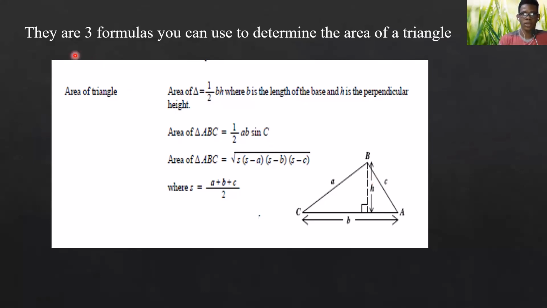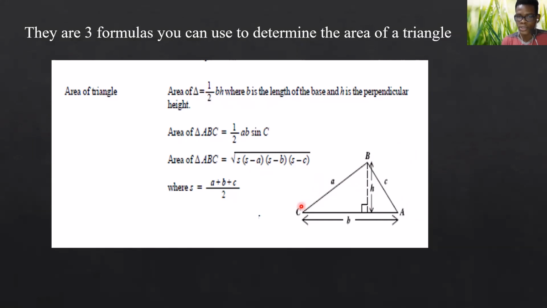So this is just the area of triangles part of the formula sheet, and you see it has the three formulas. And in the triangle here, you notice they indicated that the base is perpendicular to the height. It has a 90-degree angle here, so this is the height of the triangle. I explained that before.